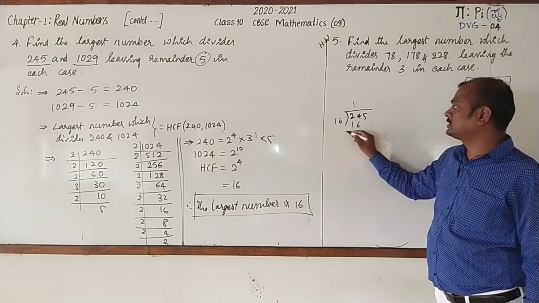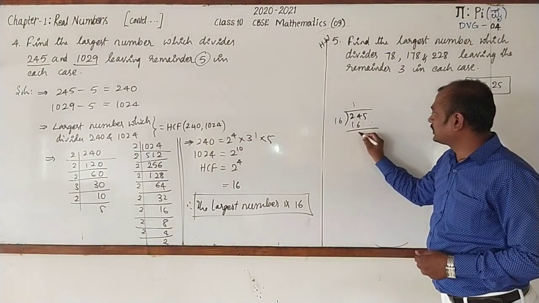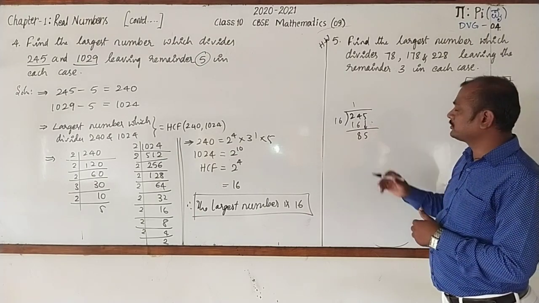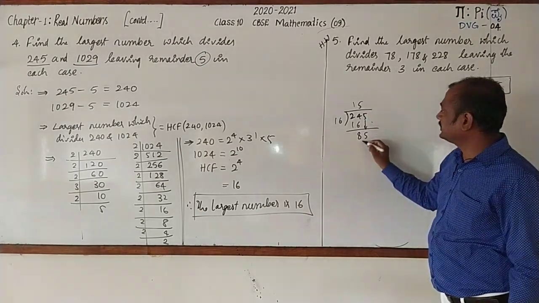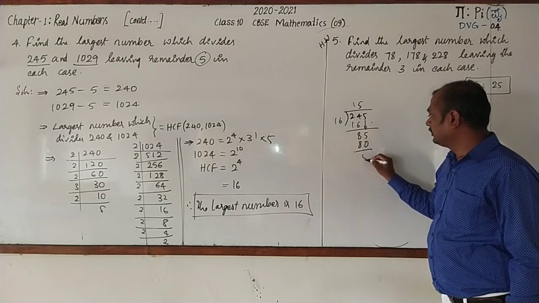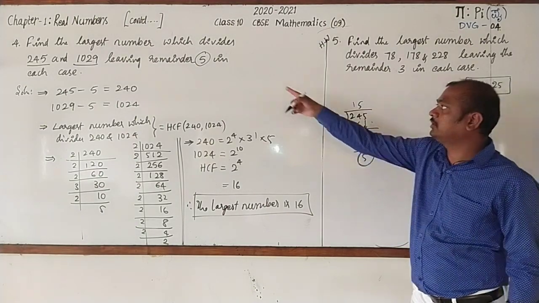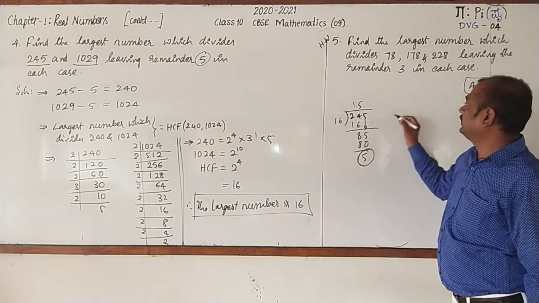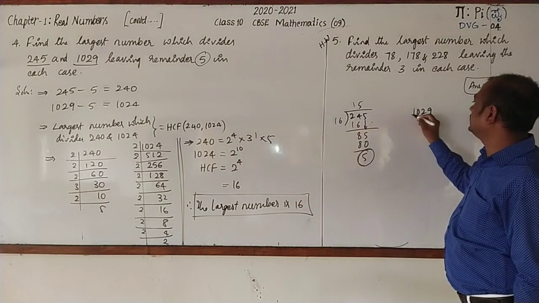16 ones are 16. How much will remain? 8. Carry down 5, it becomes 85. 16 5s are 80, 85. What is the remainder? 5. Clear? Okay, next, another one. 1029 is there.